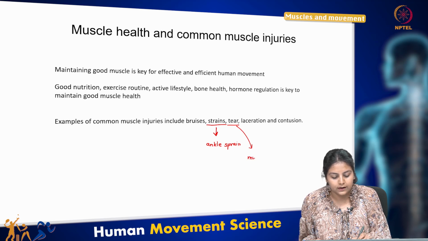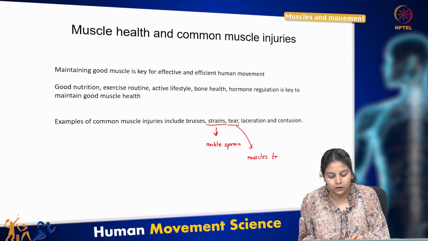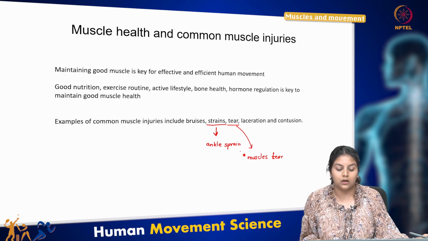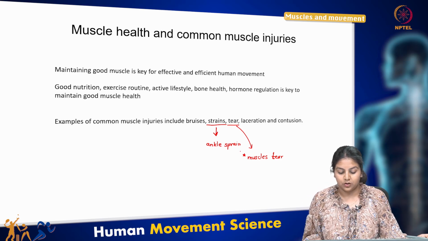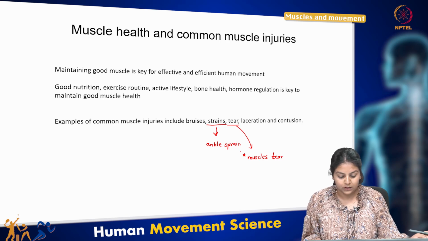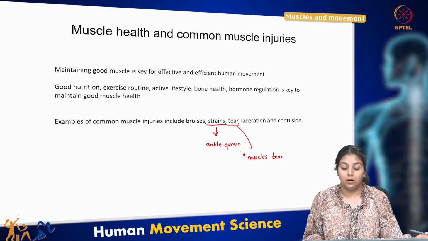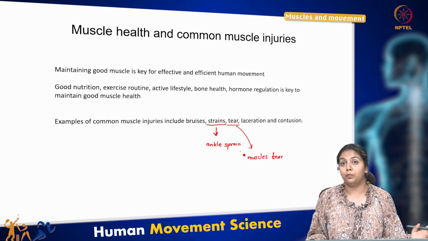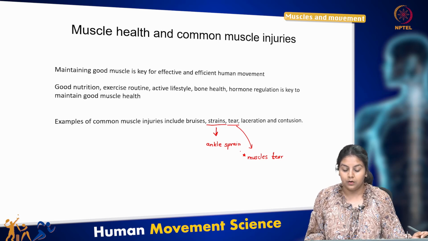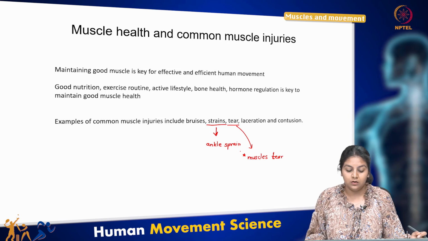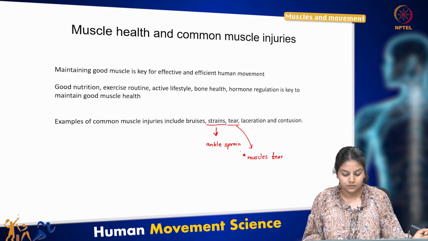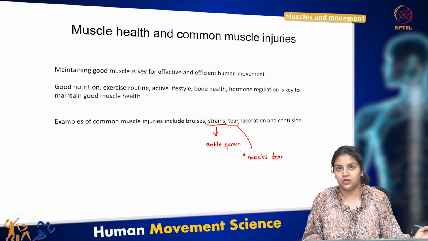There are different degrees of muscle tears, and the rehabilitation or recovery process depends on the degree of the tear. Tears can occur because you have overstretched or pulled a muscle, or been in a position where the muscle overstretched.